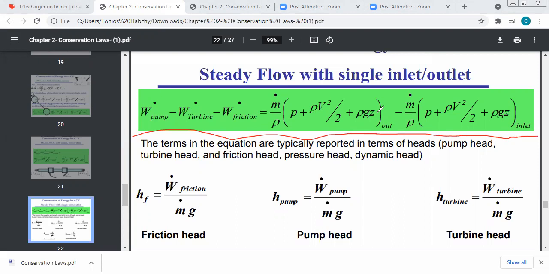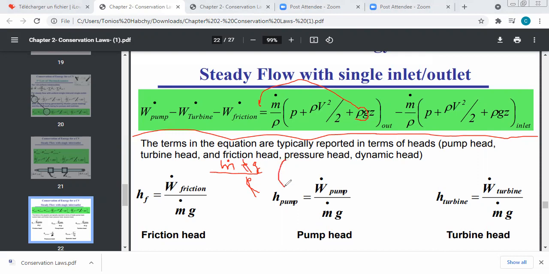Now, if you take rho g into factor, outside the brackets, what do you get? You will get m dot times rho g over rho. Rho will cancel out. So you have m dot times g times what?